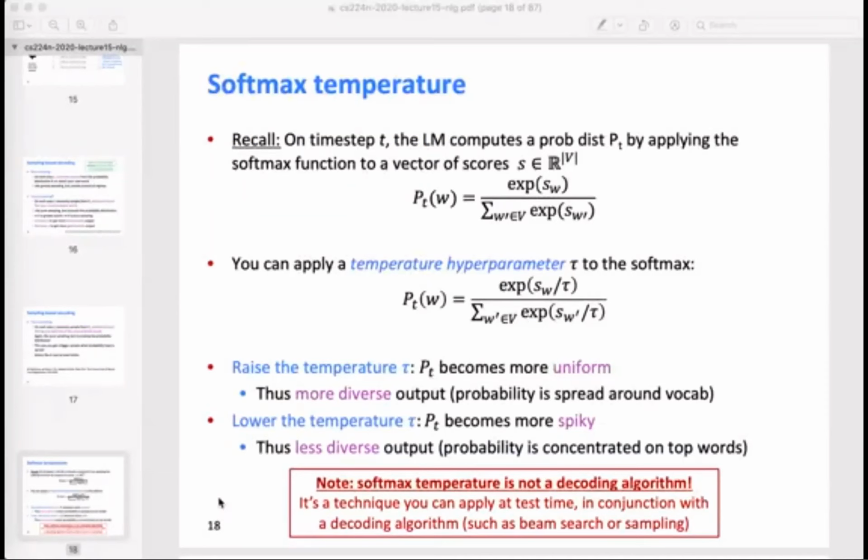The probability is spread around the vocab. And when you lower the temperature tau, P_t becomes more spiky and thus less diverse output. So it's centered around the top words instead of looking through the whole vocab. So basically, this is a good technique. It is not a decoding algorithm, but it's something that you can combine with a decoding algorithm to achieve your goal, for example, controlling the diversity of the results.